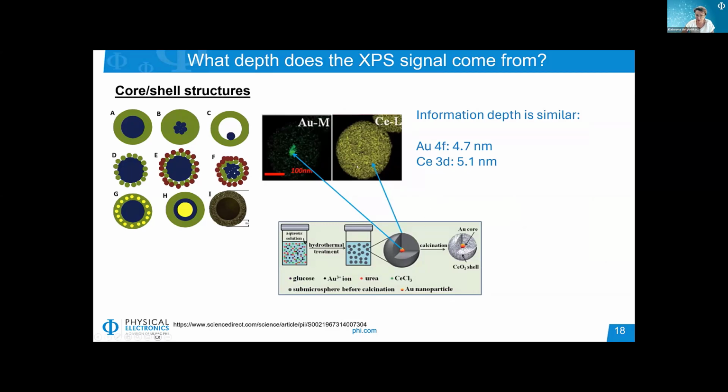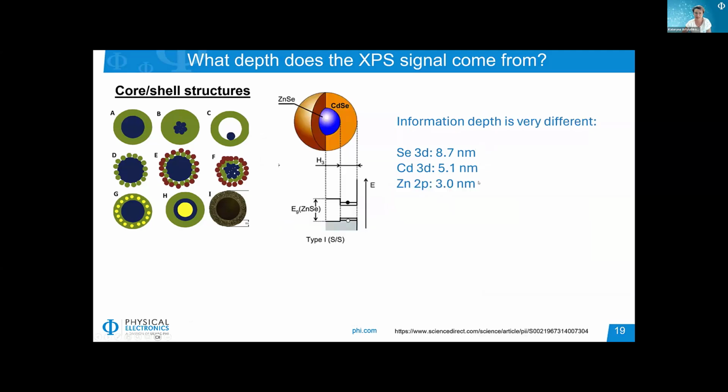Here's an example of larger ones, but just for demonstration purposes we have a particle with a gold core and cerium oxide shell. If you look at the gold 4f and cerium 3d transitions that you would analyze to get, let's say, the ratio between those two to confirm your composition, they come from an information depth that is quite similar. So it's quite easy to interpret these results.